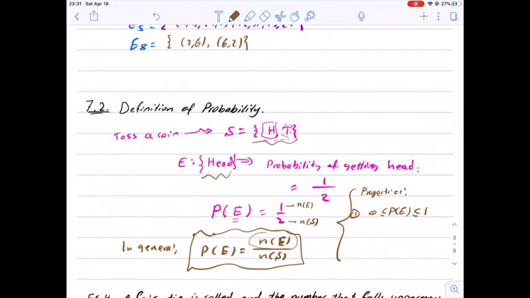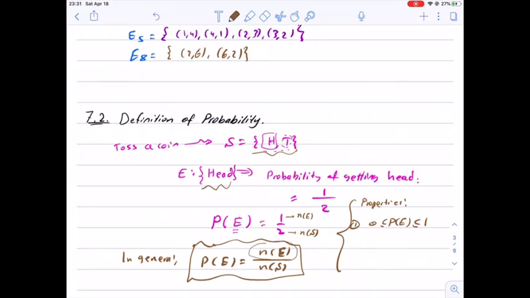We always have the number of elements of the event, or the number of outcomes represented by the event, less than or equal to the number of elements of the sample space. So the numerator is never greater than the denominator, and that means the probability is less than or equal to 1.